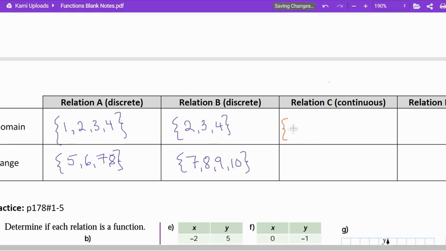Now, when we're talking about the domain, we start off by saying that for a continuous function, we always state that x belongs to a set of real numbers such that. Okay, so let's just write down what this means. This letter here, might be epsilon, I forget, represents the word belongs to.